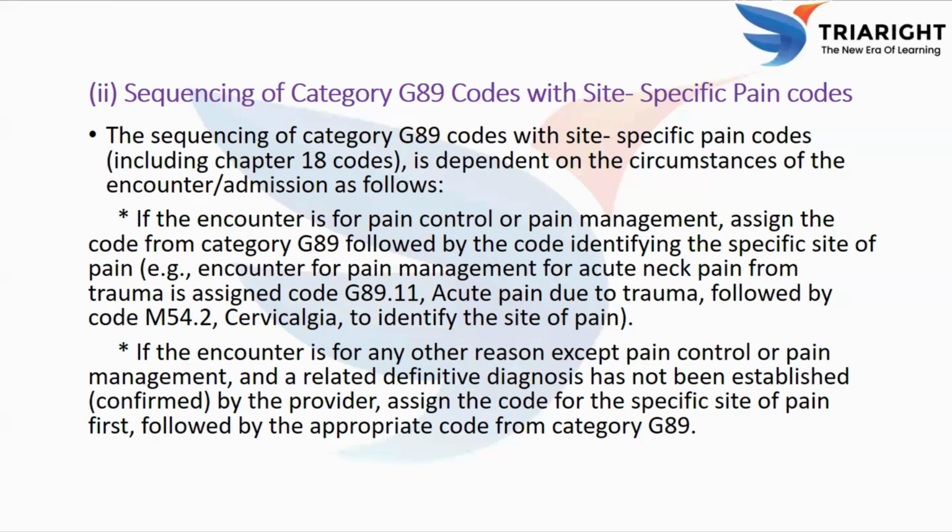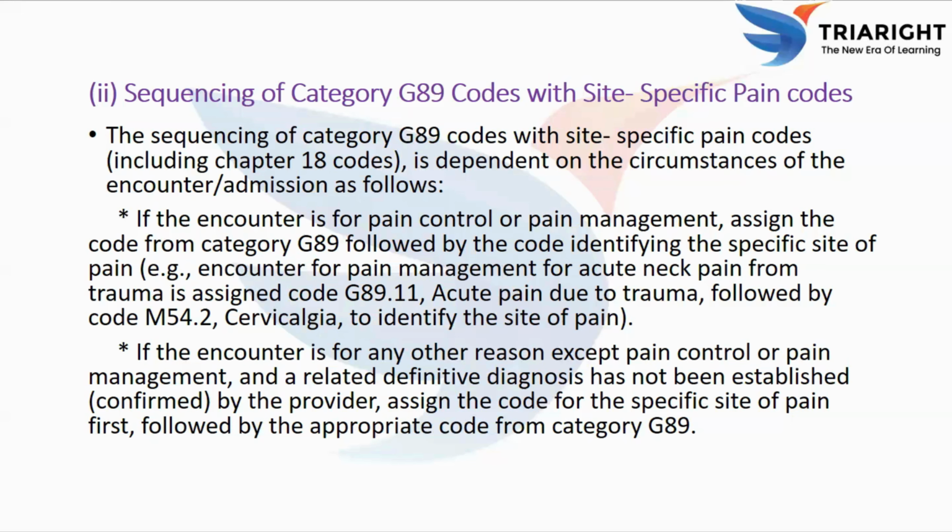Coming to rule 2: if the visit is not for pain control and no definite diagnosis is known, how do you code? You have to code the site-specific pain first. If the patient is coming for any other reason, not pain management, and the doctor has not yet confirmed an underlying condition, you first code the site-specific pain code, where the pain is, and then the type of pain, the G89 code.